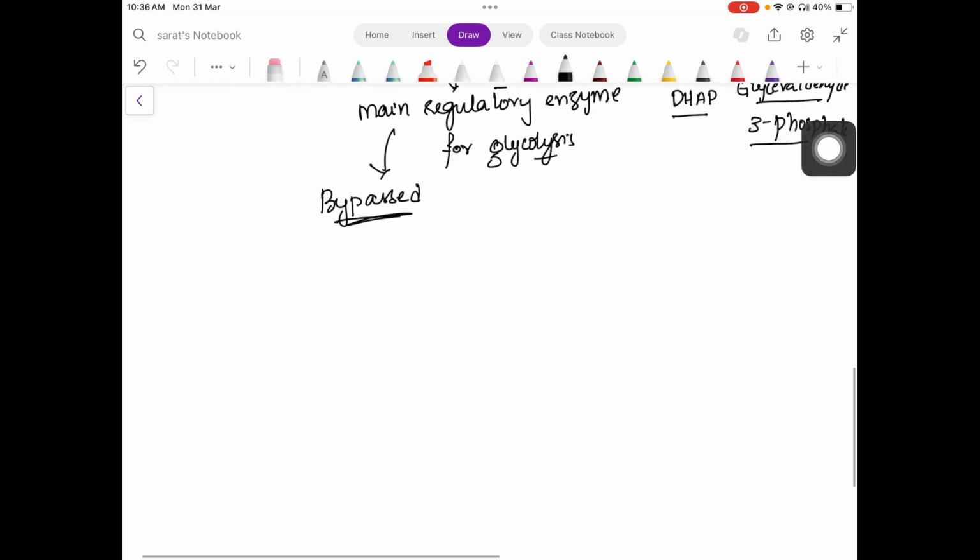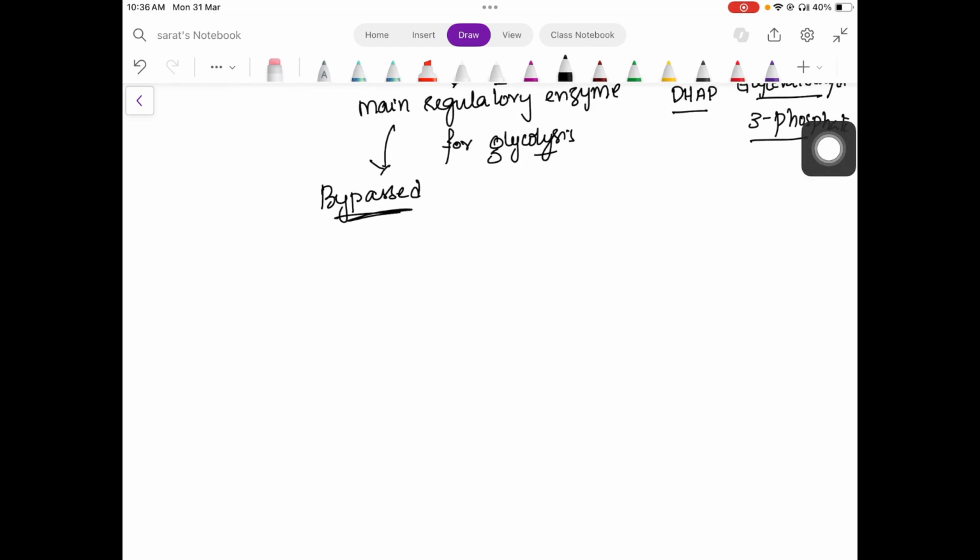So there is direct formation of them, and there is uncontrolled glycolysis. And this uncontrolled glycolysis will produce more amounts of pyruvate.